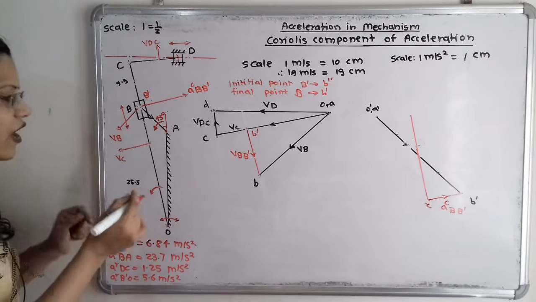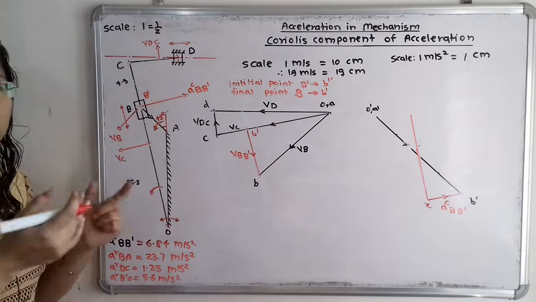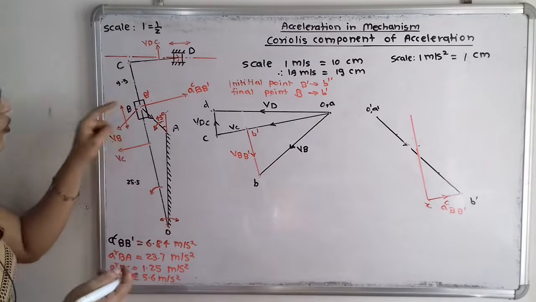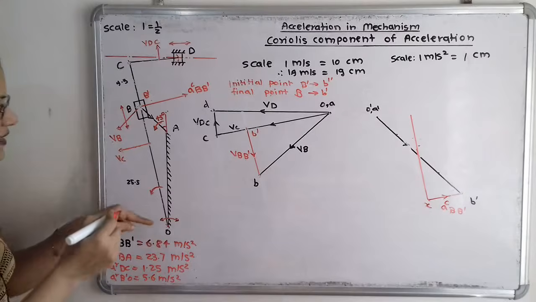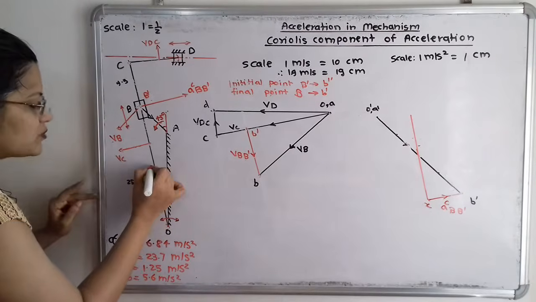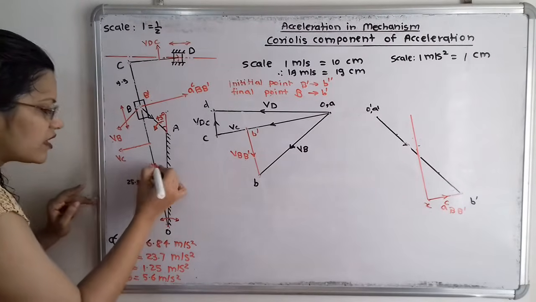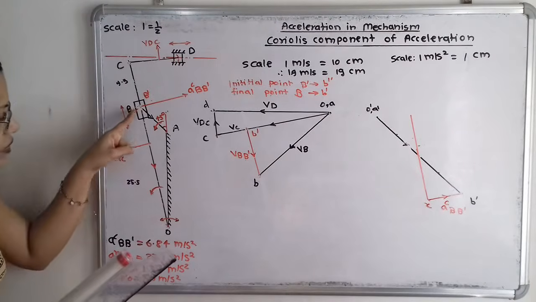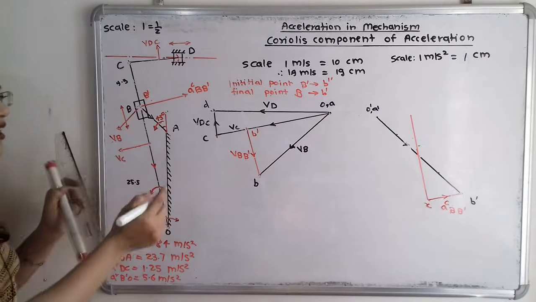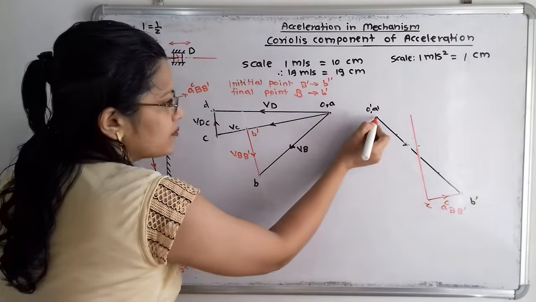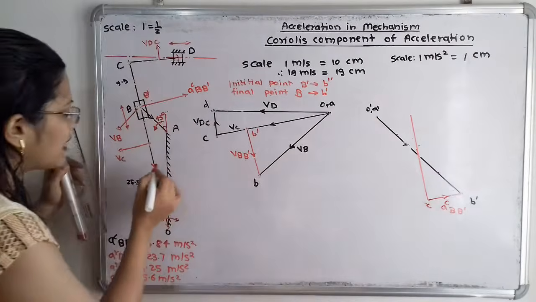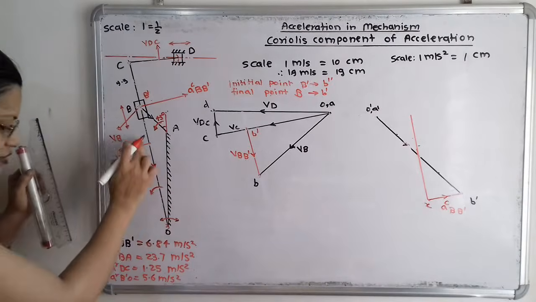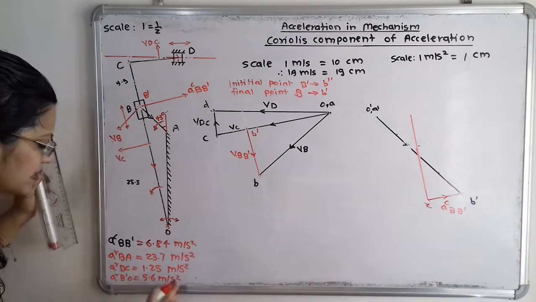So we know that how we can decide this direction for this radial component of acceleration for this link O to B dash, that is in the direction towards the fixed point, and fixed point is the point O. So in the downward direction I have to draw one line, but parallel to this OB. Now here one point is O. So from this O dash I will draw one line parallel to link OB dash but in the downward direction, and with scale 5.6 centimeter.